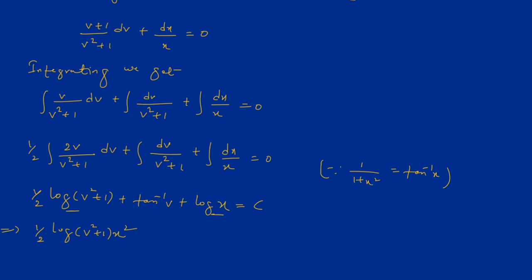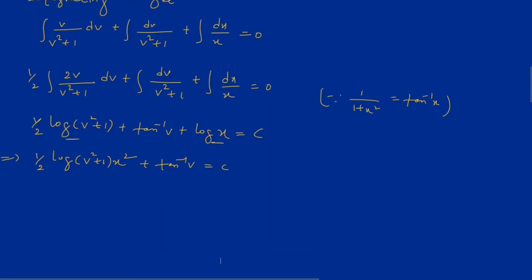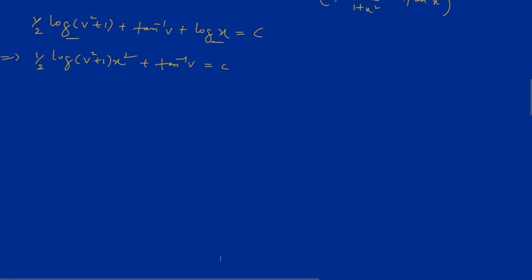For x square, if we take 2 to the denominator, 2 by 2 gets cancelled, again we get x square, right? Just by taking 1 by 2 common here, x becomes x square. So plus tan inverse of v, which is equal to c, right? Take it as equation 2.